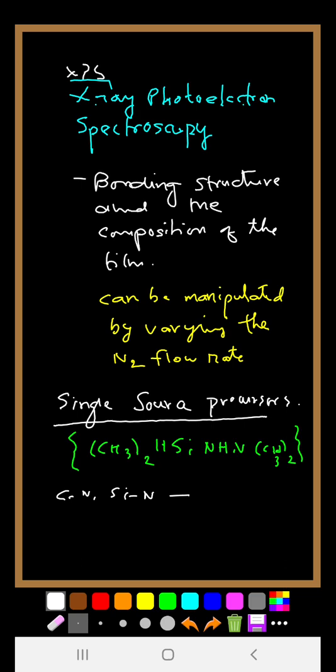Now, chemical bonding and atomic local order in the amorphous matrix get more complicated than those of Si3N4.